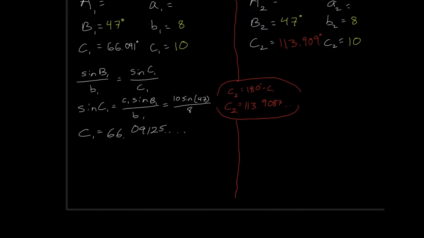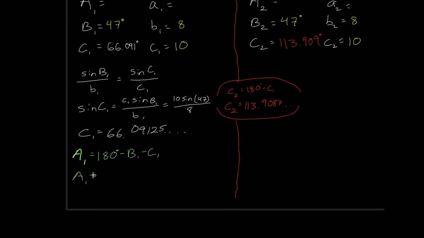With triangle 1, I can find angle A1 using the 180 degrees idea. So A1 is equal to 180 degrees minus B1 minus C1.